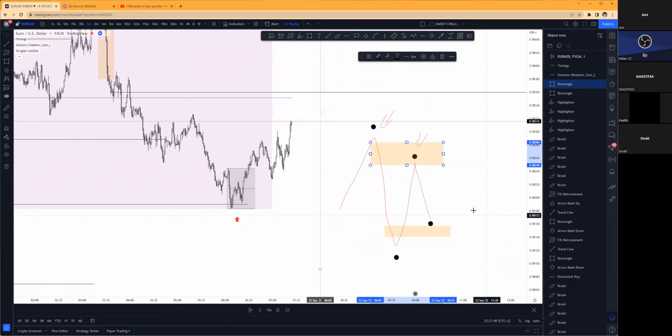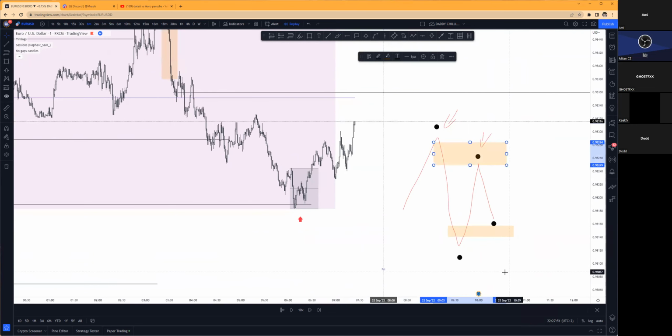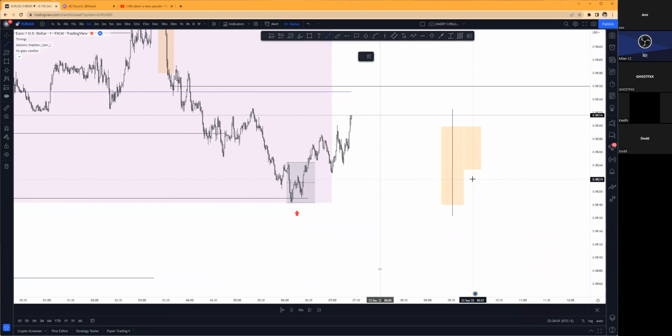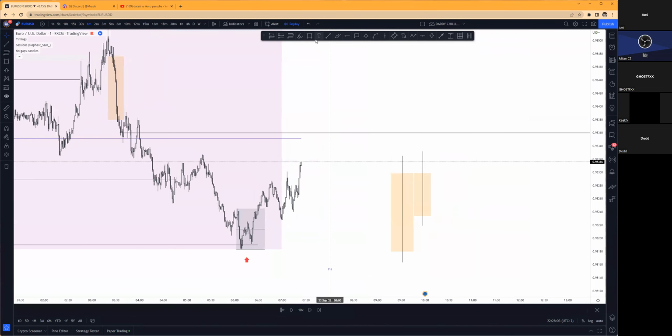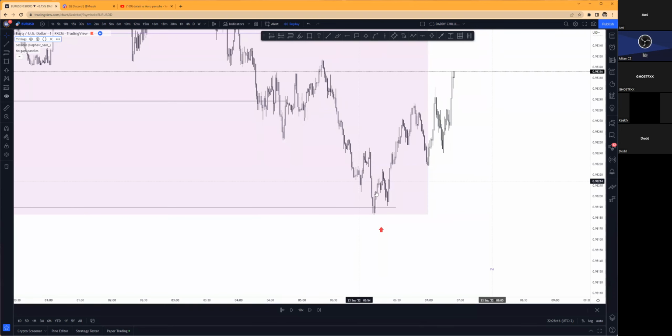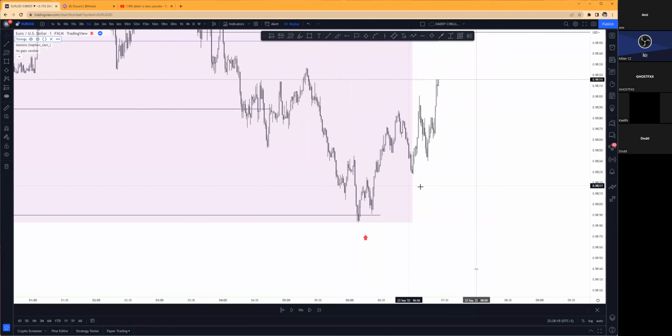On 5 minutes, for example, it would just be a candle with wicks, another candle down with wicks, and then just a straight move up, and price wouldn't care about this area anymore. So that's why we are seeing just a small retracement to it, but not into 50% of the whole range here.